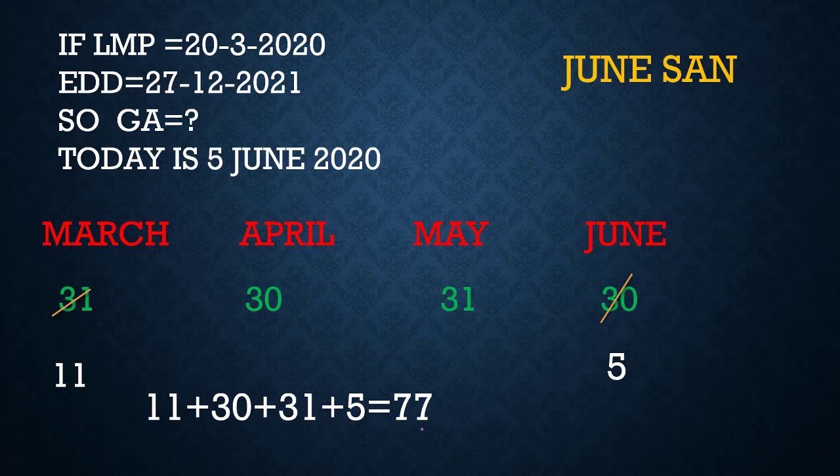Now we will calculate the gestational age in weeks. How do we calculate the gestational age in weeks? First, you have to calculate the gestational age in days. So there are 77 days. Now we will divide this 77 by 7 to calculate the gestational age in weeks.